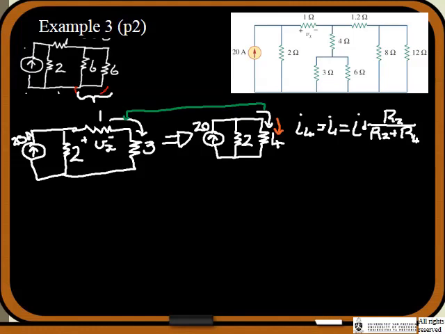In other words, I1 equals the 20 amps, which is the total current from the source, multiplied by 2, divided by 2 plus 4. That gives me 40 divided by 6, and I'm too tired. That's 2/3, just 0.66666.